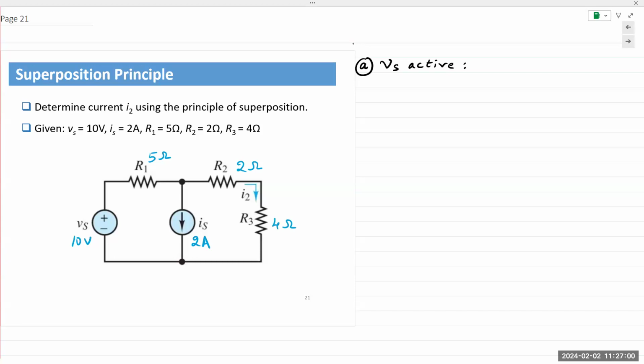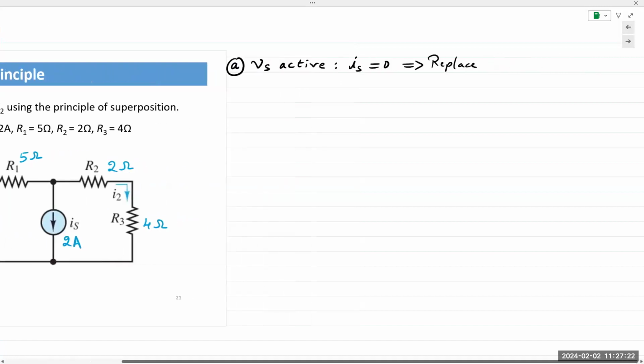If there was something else in there, another voltage source or current source, that would also be reduced to 0. Okay, only one source acting at a time. Meaning replace Is with an open circuit.